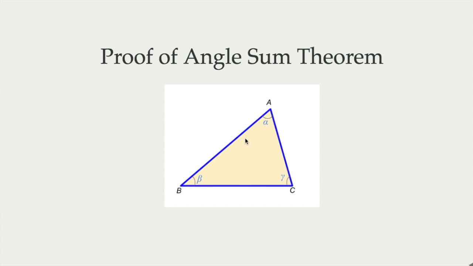Now let's use the previous result and try to prove the angle sum theorem. In other words, in this diagram we try to prove that alpha plus beta plus gamma equals 180 degrees.